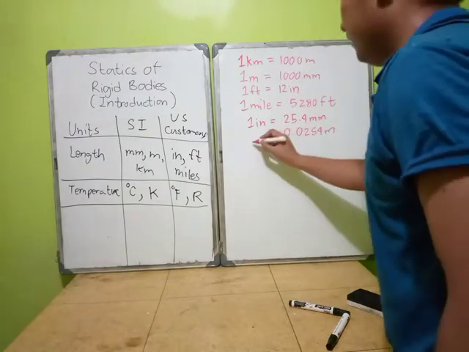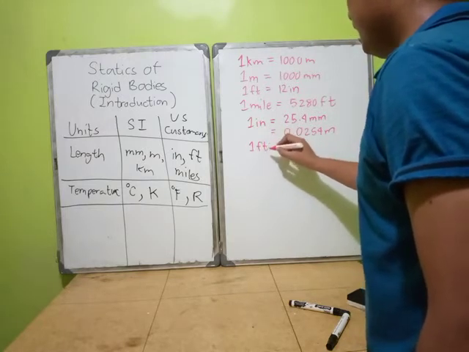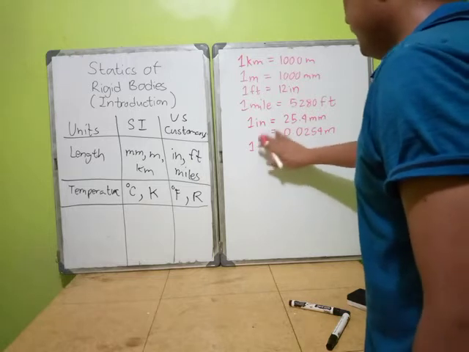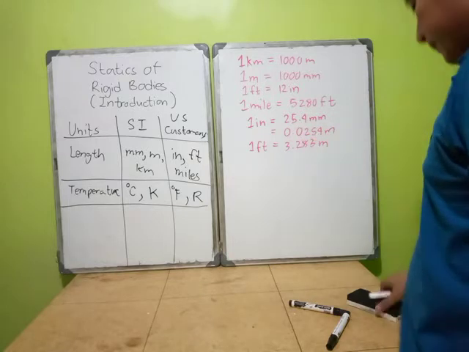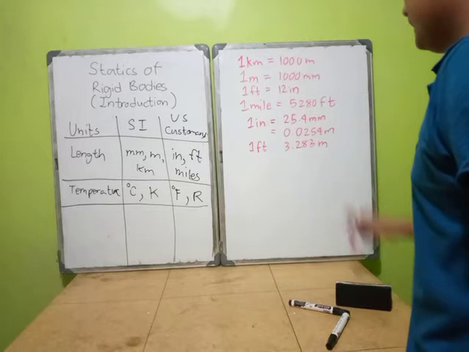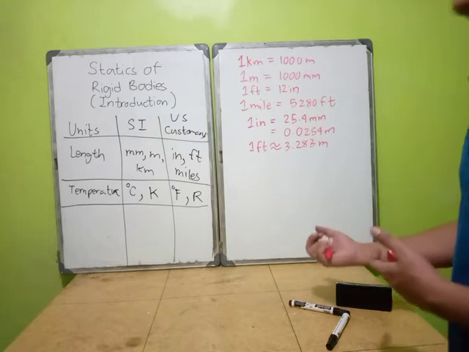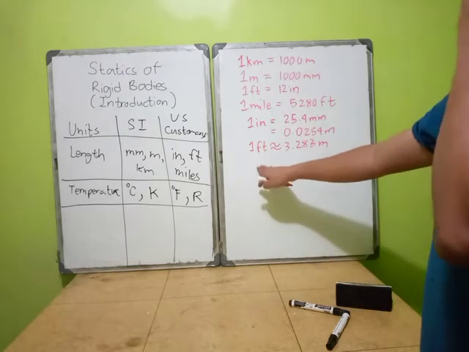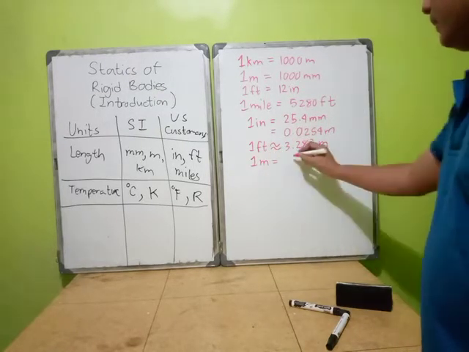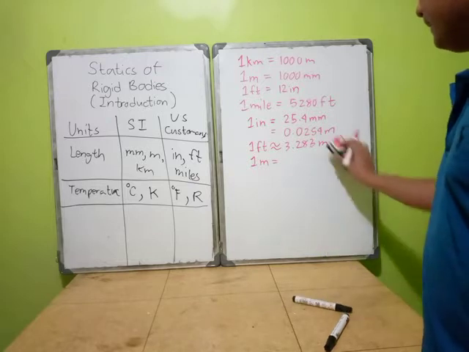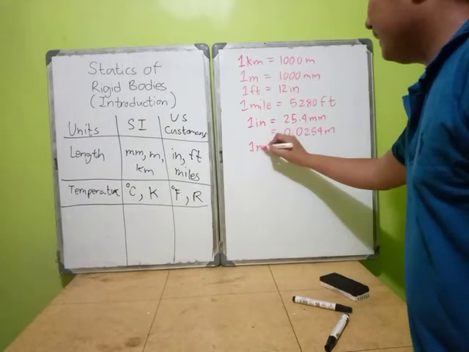And then we have a conversion, 1 meter is equivalent to 3.283 feet. Okay, maybe I will just put it approximately; this is accurate only to 3 decimal places. Sorry, baliktad class.